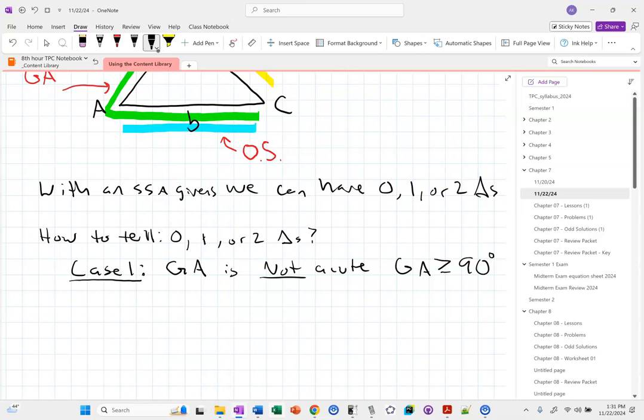In that situation, all we have to do is compare the SOGA, the side opposite to the given angle, and the other side, and that'll answer our question here.